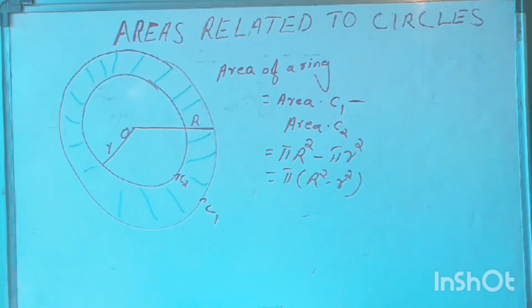Consider one circular wheel. Suppose a circular wheel of radius r is in motion and it completes n revolutions in 1 minute.